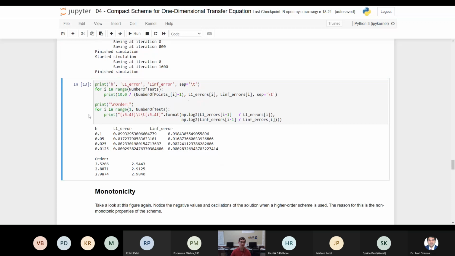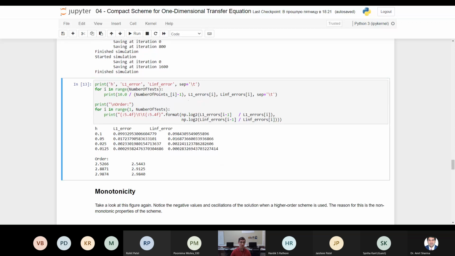And finally, we can print the resulting values. We see that each time we reduce the grid step, and the errors reduce also significantly, which is seen here.